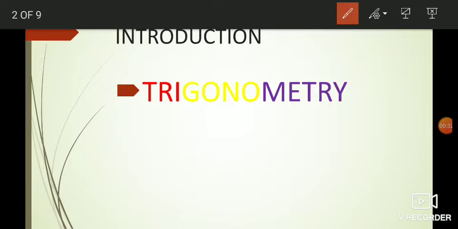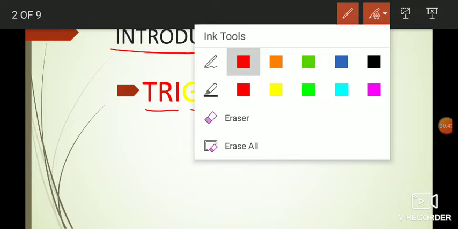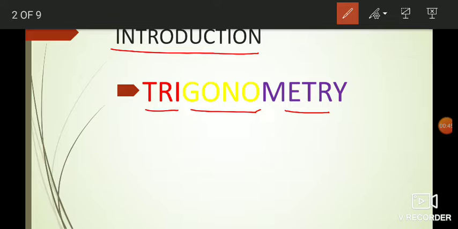So when we talk about introduction to trigonometry, this trigonometry may be new to many of you. So let me start from very basic. Trigonometry. Here we can break down this trigonometry into three different parts. Like this, tri, tri means three, gono means sides, and metry means to measure.